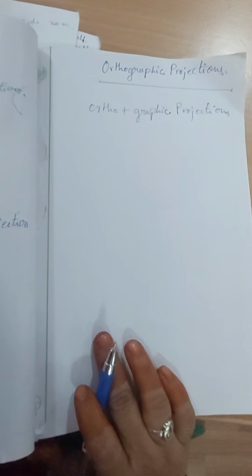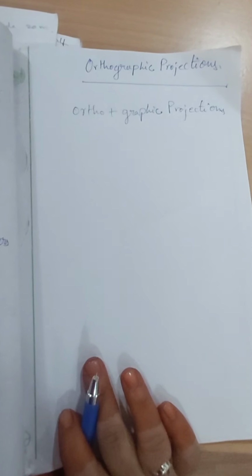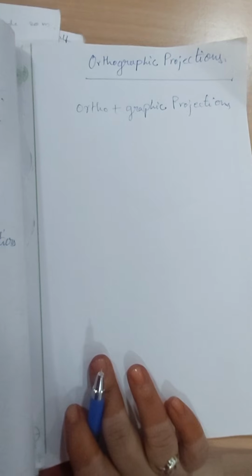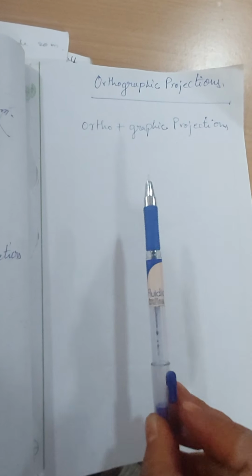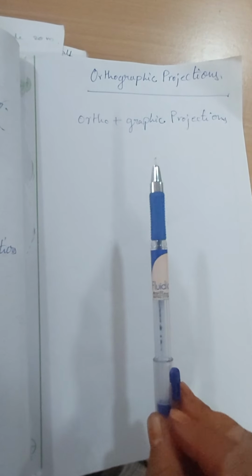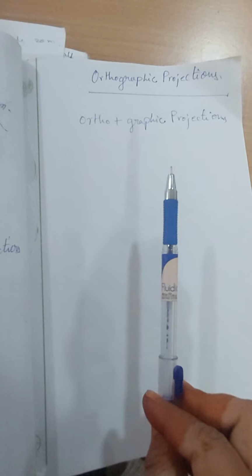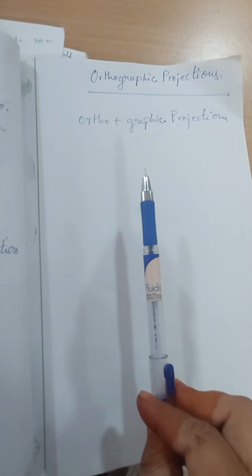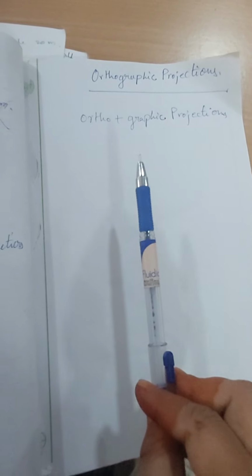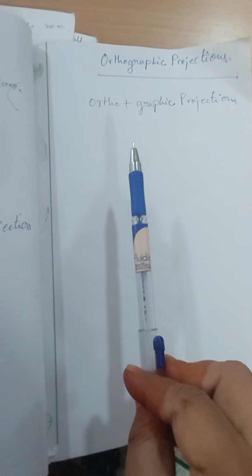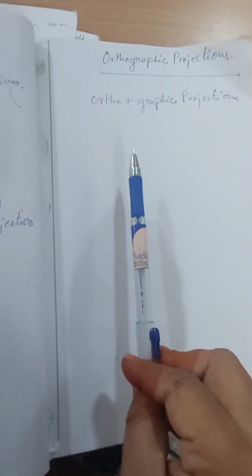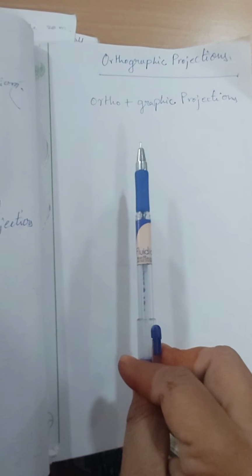So, what is the principle of projections? The shadow or an image of an object obtained on a piece of paper is known as projection. For example, if we are observing the pen, below the pen we are able to observe the shadow of the pen while some light is exposed on it.